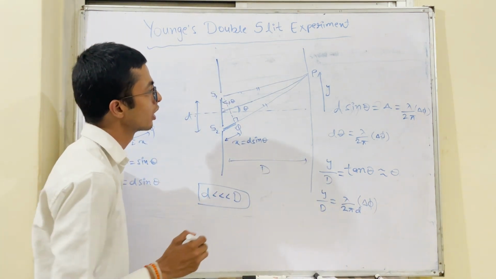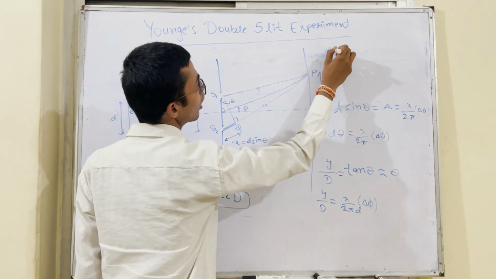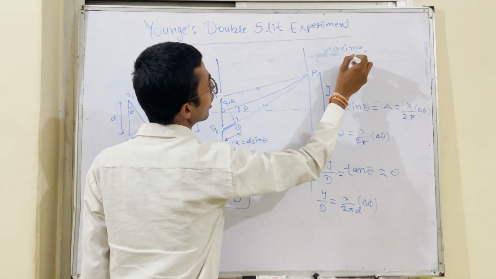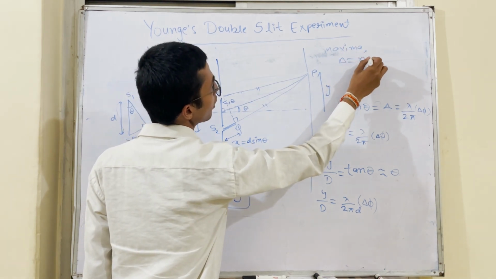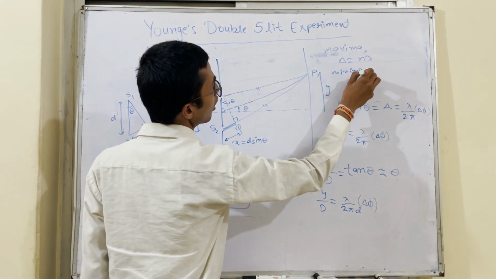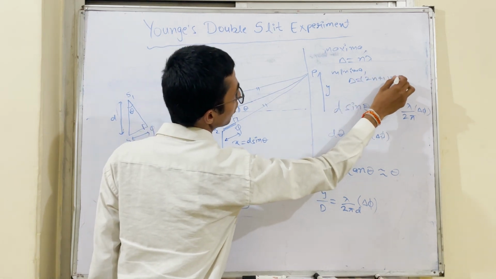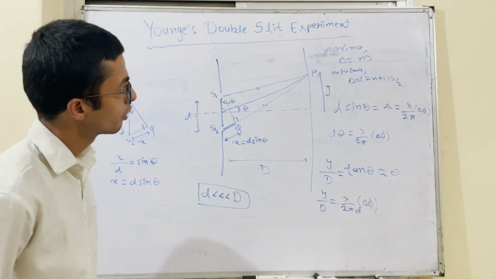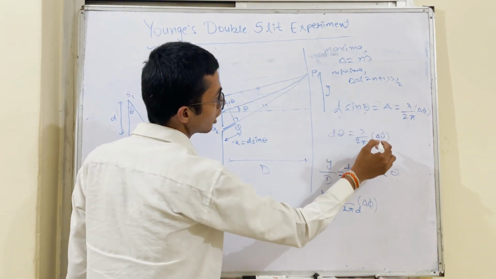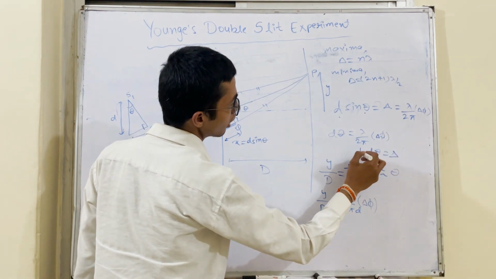Or if we see, for maximum, delta should be equal to n lambda, and for minimum, delta should be equal to 2n plus 1 lambda by 2, which we have seen previously also. So here I can see d theta equals delta.